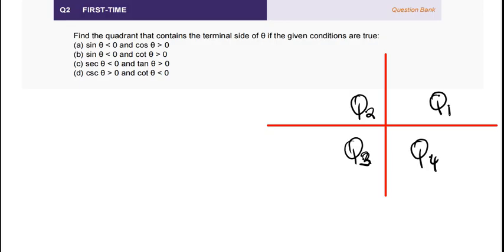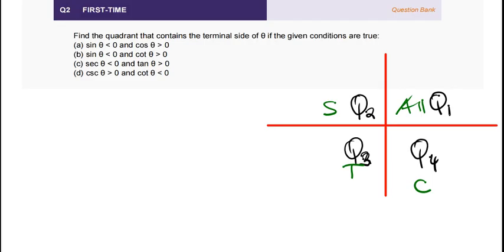But I believe you have managed to watch the full topic videos for trigonometry, so you have ideas on how to go about this question. So there is what we say: All Students Take Chamber, with T here. Other people say All Students Take Coffee, that is okay.